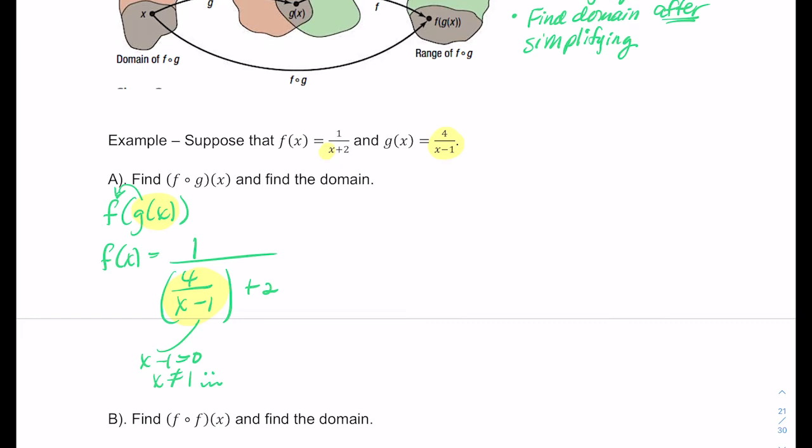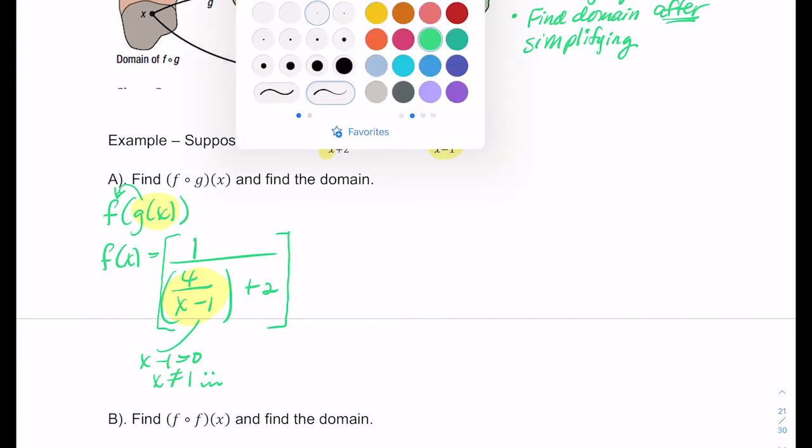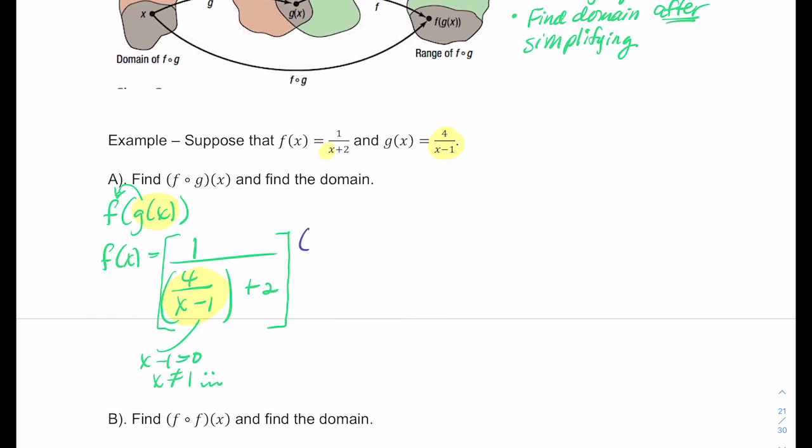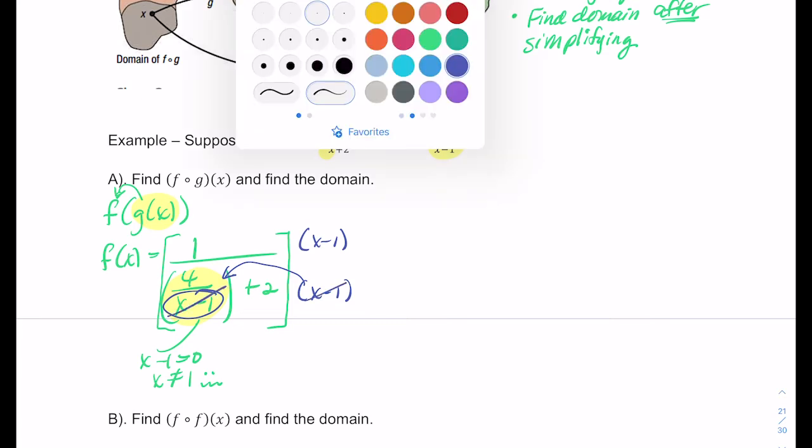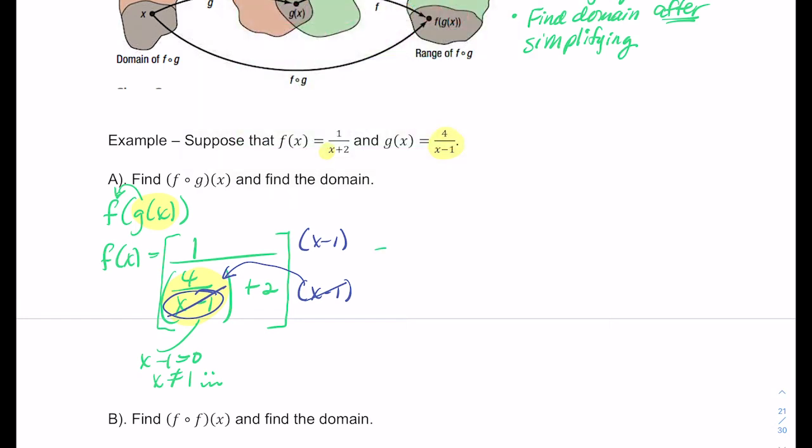Now we can try simplifying. To simplify, I would never leave my fraction or expression like this. What I'm going to do is multiply the numerator and denominator by this denominator here. By doing that, when you go and distribute this x minus 1, they're going to cancel out for that portion. So if I multiply across on the top, 1 times x minus 1 is just x minus 1.